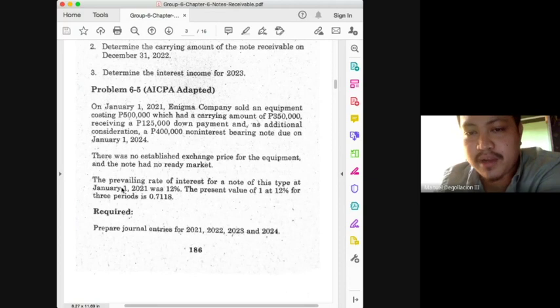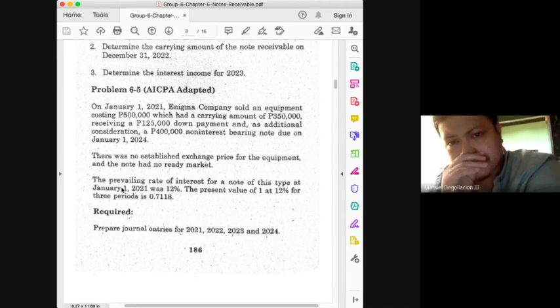In the previous problem, since they are engaged in the selling of those items, what we are selling are considered as inventory. But in this case, since we are selling a used equipment and we are not engaged in the business of selling equipment, the entry would involve the recognition of the used equipment. And we'll demonstrate the difference later on.